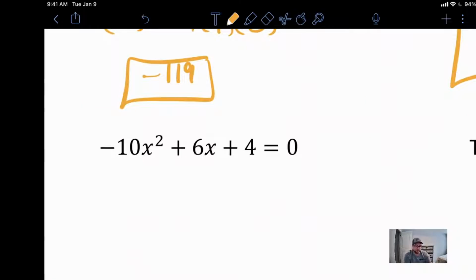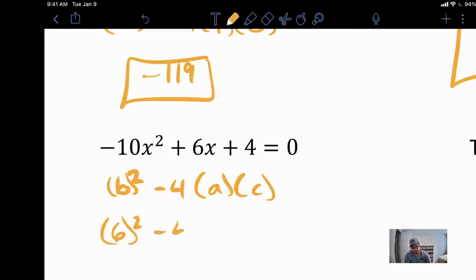Same formula. B squared, in parentheses, minus 4 times a times c. B in this problem is 6. So I'm going to have 6 squared minus 4 times a, which is negative 10, times c, which is 4. Now let's punch that all out.